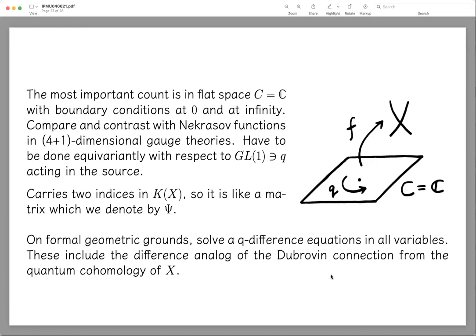This is like the q-analog of the Dubrovin connection from quantum cohomology; it's like the K-theoretic sister or brother of quantum cohomology. More or less the same argument as for quantum cohomology proves that there is some difference equation here. It's a separate story to identify that difference equation, but the fact that it is there is a fact.